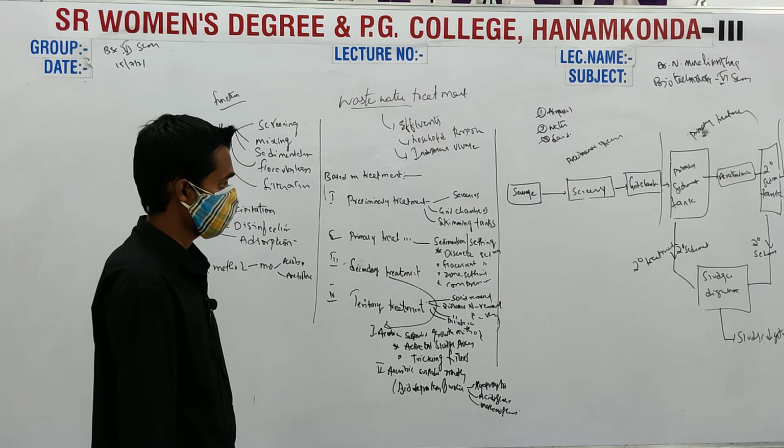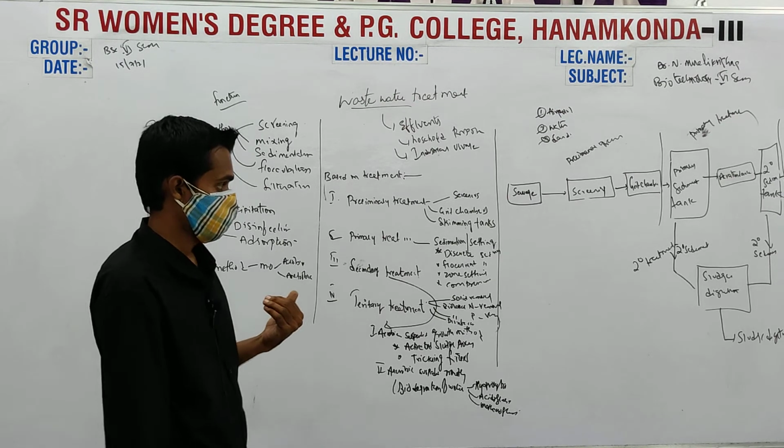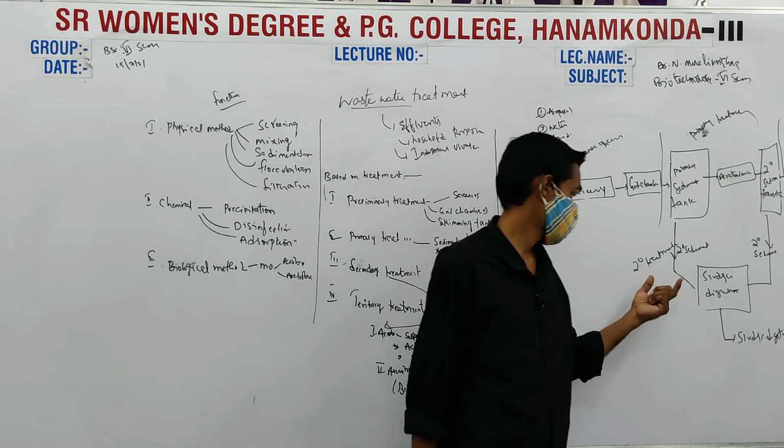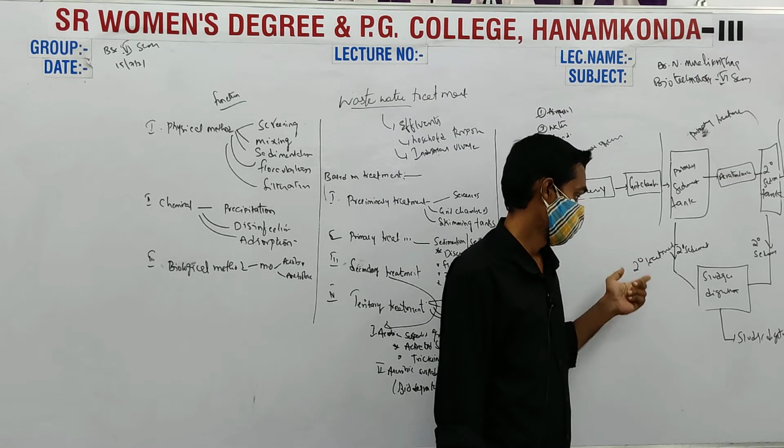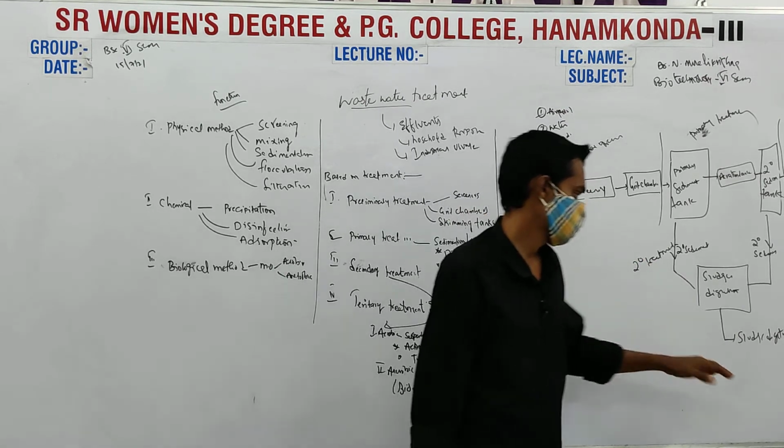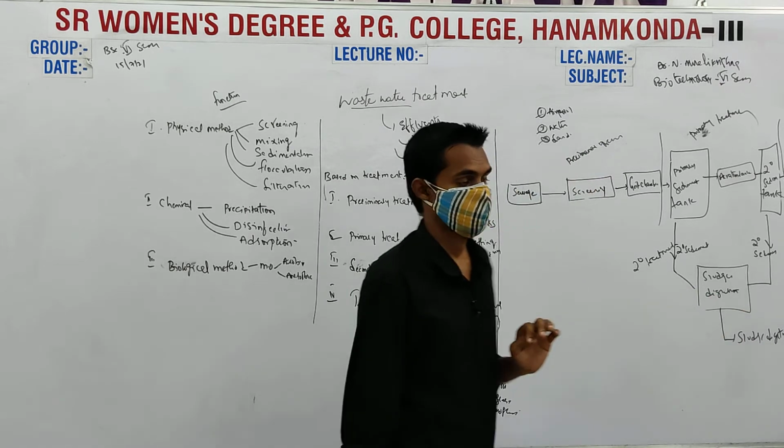From primary treatment, whatever sediment is formed goes for sludge digestion, which is called secondary treatment, and finally the sludge is discarded.